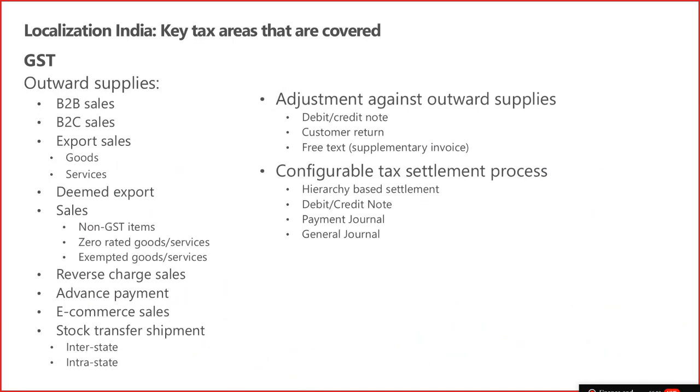So as you know, GST basically focuses on outward and inward supply. And what we are covering in the outward supply is the B2B transactions, meaning registered person to registered person transactions. We are covering B2C transactions. So if you see, currently today the B2C transactions are not relevant.